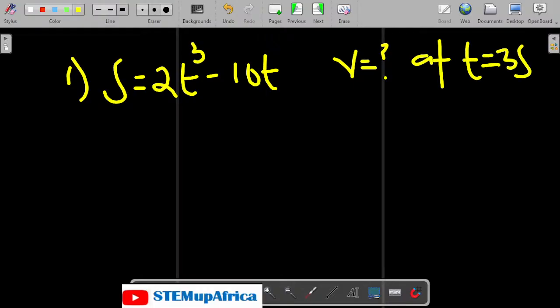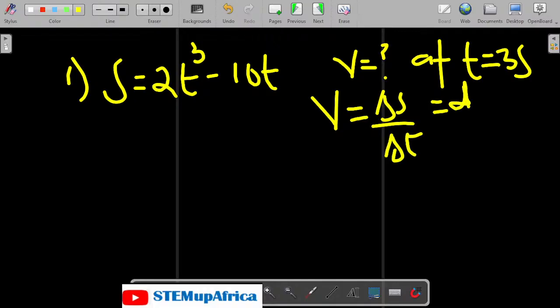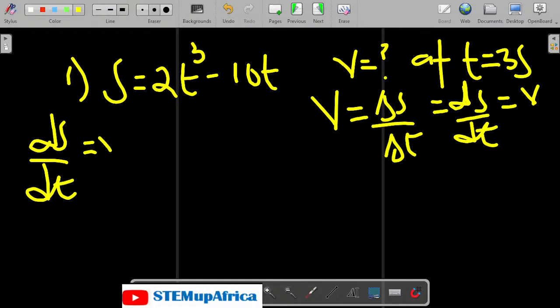In elementary physics, you have been told that velocity, or speed, is displacement over time. So my v is the change in x over the change in t, which is dx over dt. If I differentiate this, dx/dt, which is v, I'm going to have 6t squared minus 10.